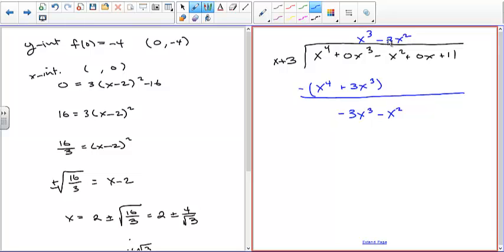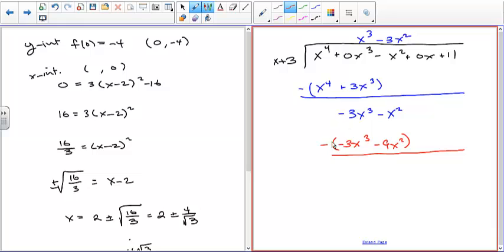Okay, so multiply that out. -3x squared times x is -3x cubed, and -3x squared times 3 is going to be -9x squared. But we're subtracting that, and we're subtracting both terms.